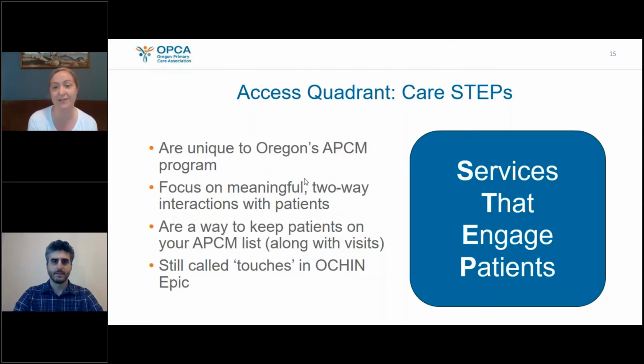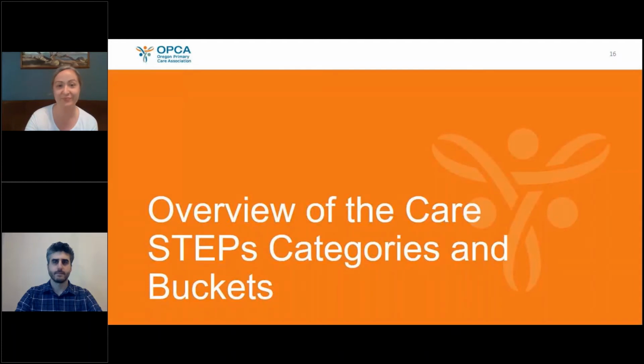So it's not just, for example, a one-way phone message. That would not be meaningful. Another thing to know about care steps is that they are one of the main ways to keep patients on your APCM list and paid for, along with visits. And for those OCHIN health centers, it's important to know that they are still called touches, as you'll need that information when you go to document them.